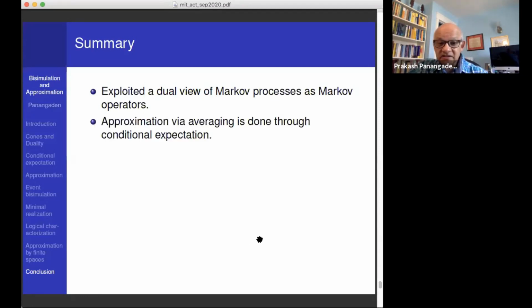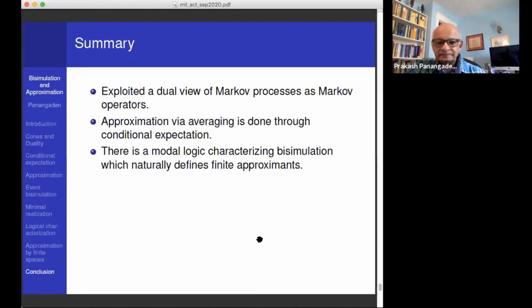The conditional expectation gives us a tool for constructing averages, which is exactly what conditional expectation is supposed to do. So when you condition on a coarser sigma algebra, you've smoothed out or averaged over the sets of that coarser sigma algebra, and this allows you to give approximations. We exploited that here by looking at these very crude sigma algebras that come from the formulas of the logic, but we're only looking at finitely many formulas at a time.